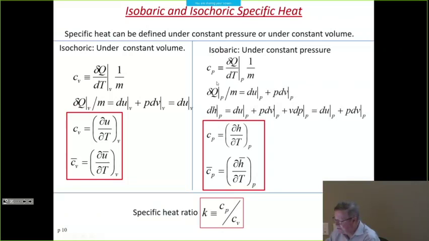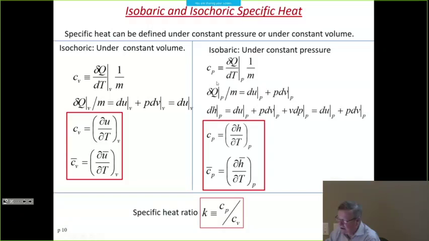So you end up with du plus PdV, and if you recall the definition of dH a few graphs back, it's du plus PdV plus VdP, because H is U plus PV. So this is du plus PdV, since VdP at constant P is 0. du plus PdV is the same du plus PdV there. That means that dQ under constant pressure is actually dH.